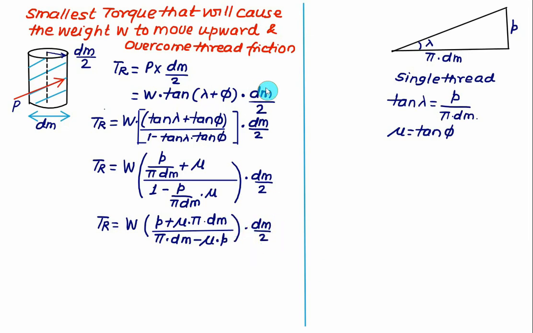So either you can use equation 1 to find the value of torque, or you can use equation 2 if you know the value of pitch and the coefficient of friction, or otherwise you can calculate lambda first using pitch upon pi dm and calculate phi as tan inverse of mu and use the original equation 1. Choice is yours.